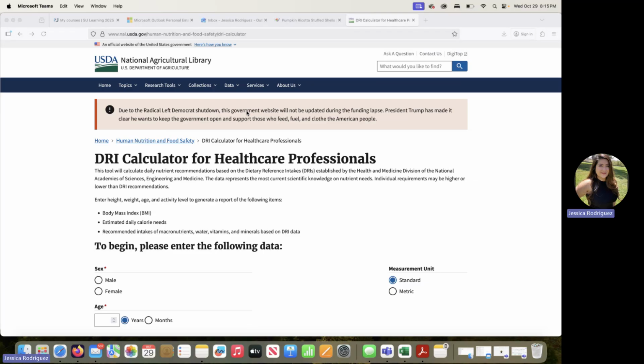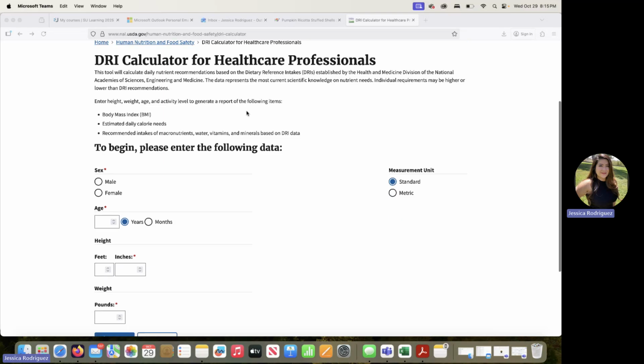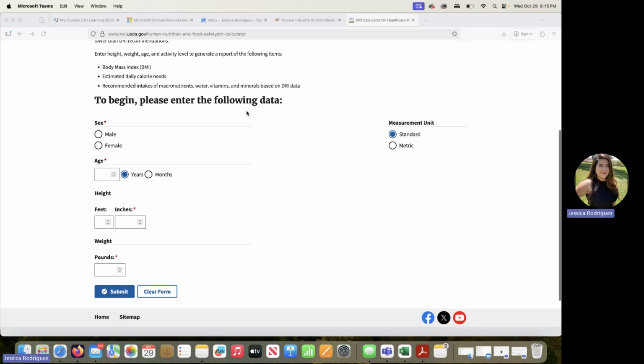And the following steps here is that you're going to be scrolling down. Here on the bottom, it's going to give you some information about BMI, estimated daily caloric needs, and also your recommended intakes for your macronutrients, water, vitamins, minerals, and it is all based on DRI data.